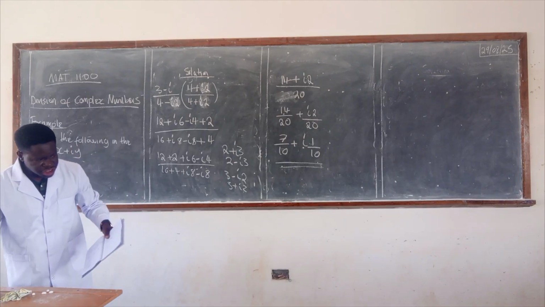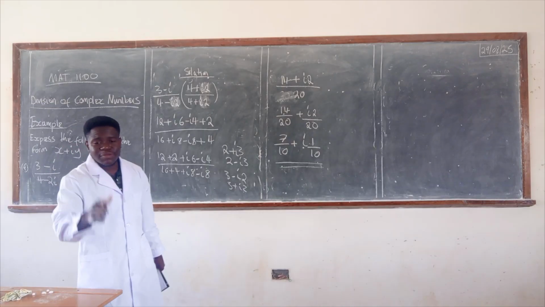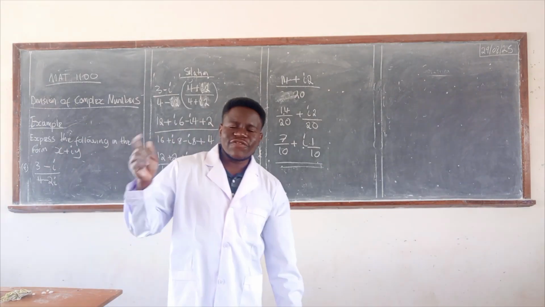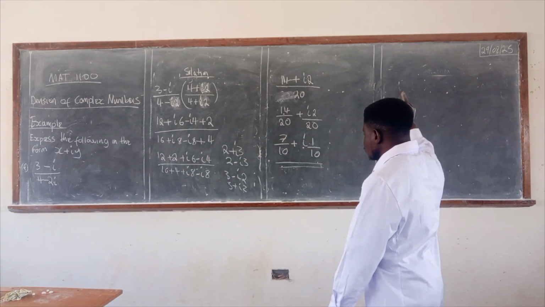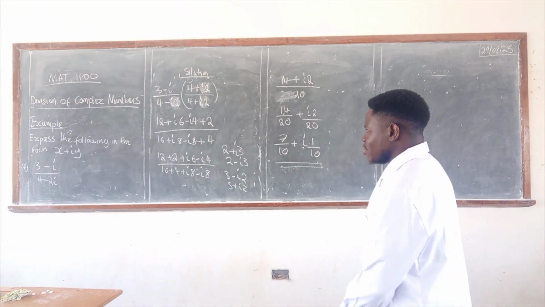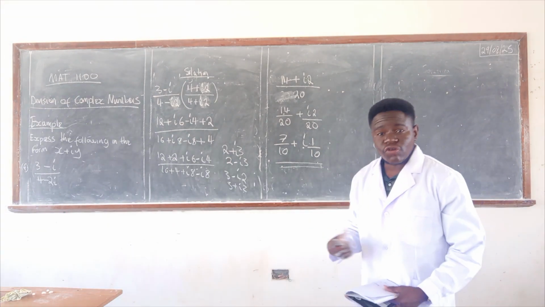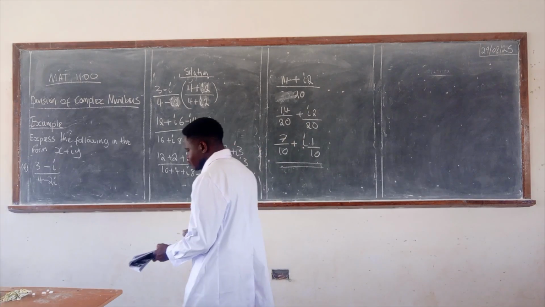If you notice on these questions that I've given you, it's up to you to determine whether to add, subtract, multiply or divide complex numbers. So take your time, go through the video. If you don't understand, go through the video again so that you can get this. Let me give you some practice questions.